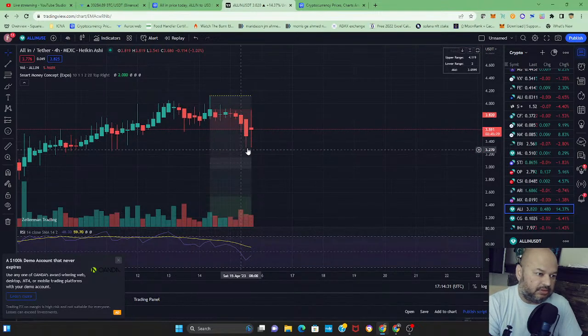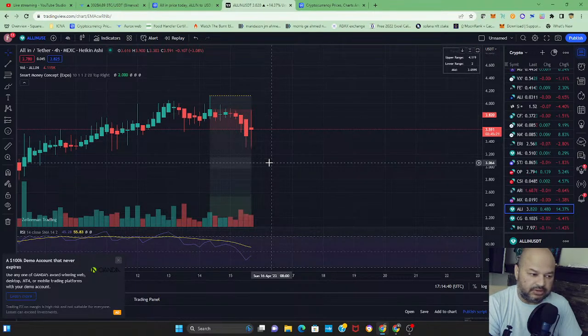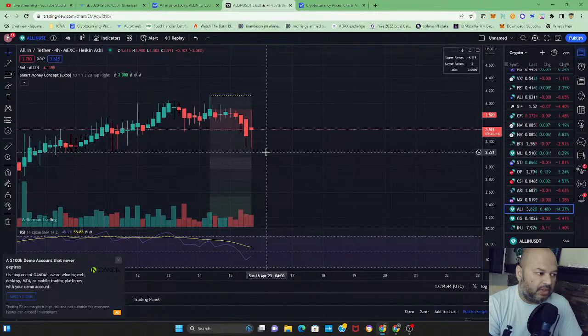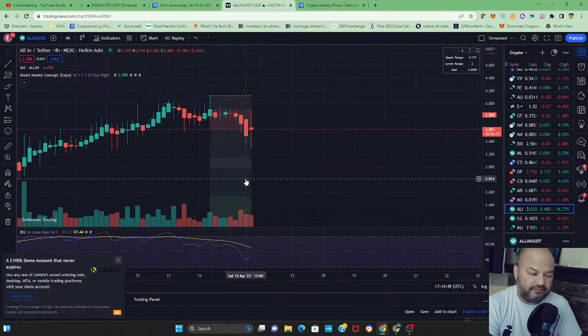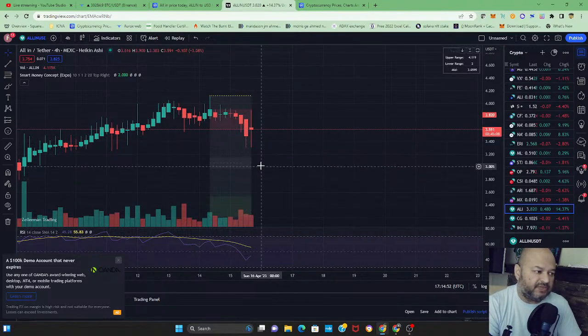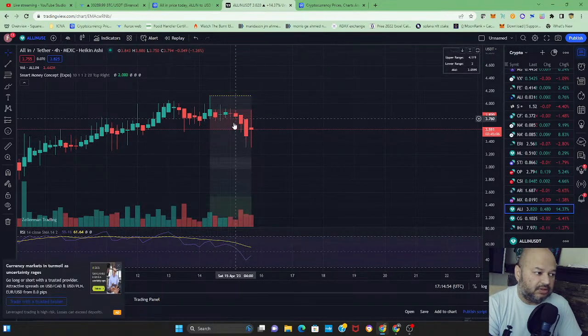But because of these ranges, we see that it is still in the red zone where it can easily dump back to the $3 range and then bounce back from there. I'm saying that because these ranges have different algorithms, different Fibonacci levels built into them, and it shows me that it is still in the red zone.